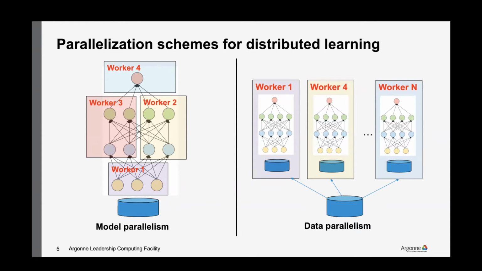That's how the parallelization or the scaling efficiency is achieved. There is also a communication overhead involved: all these models have to be in sync throughout the whole training period.